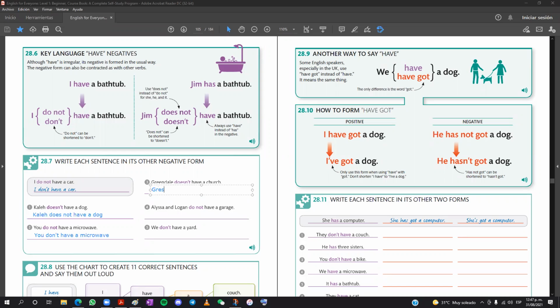Greendale does not have a church. Okay. La cuarta. Alisa and Logan don't have a garage. Así es, Alisa and Logan don't have a garage. Muy bien.